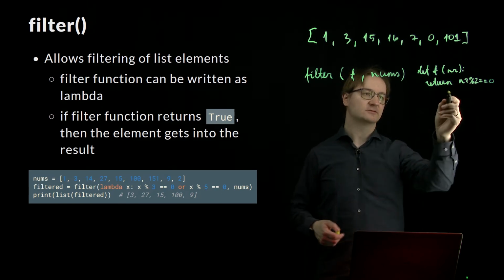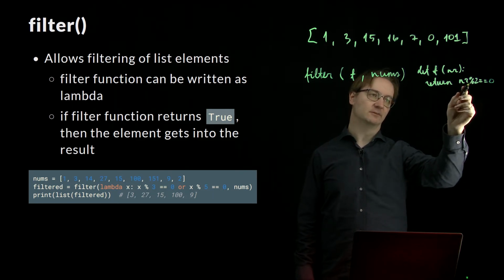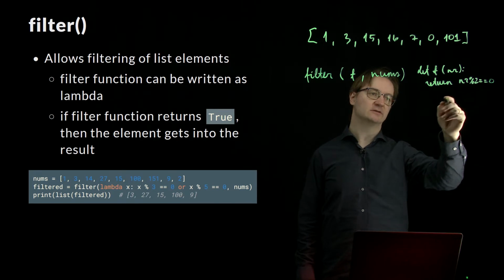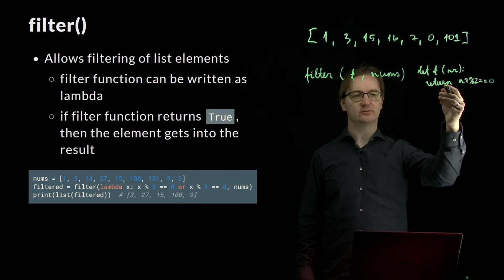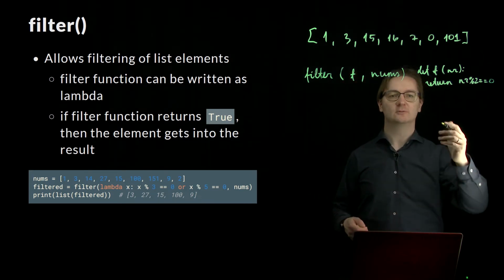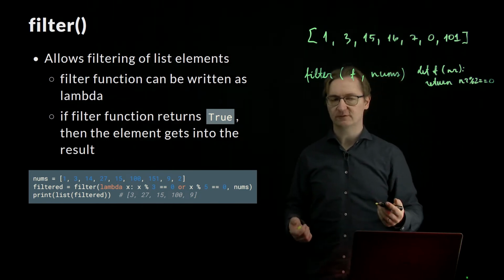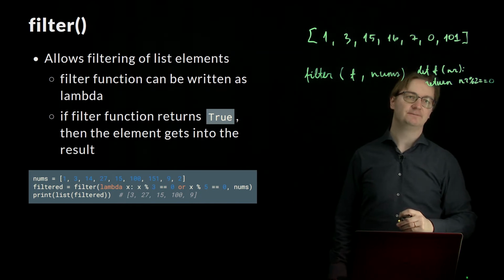I could, of course, write it with an if statement: if number modulo 2 equals 0, then return true, else return false. But there's no point to have this conditional here. When we just want to return true or false, I can return the result of this expression.